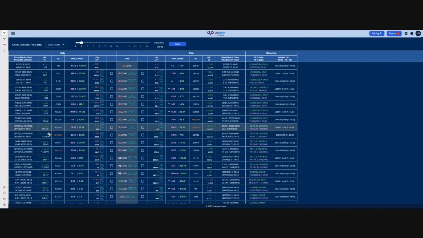So what we saw was at the open, after the first 30 minutes, the highest volumes on the call side were at the 22,900 call and 23,000 call. And this was understandable because 22,900 was the gamma zero also. So what the option writers were doing was making 22,900 and 23,000 safe.